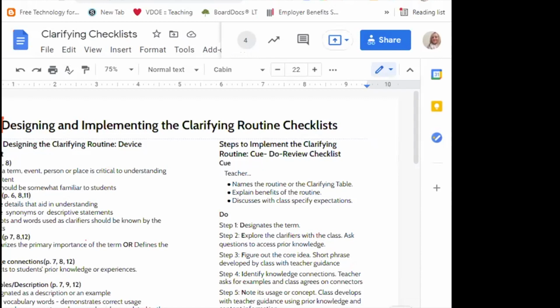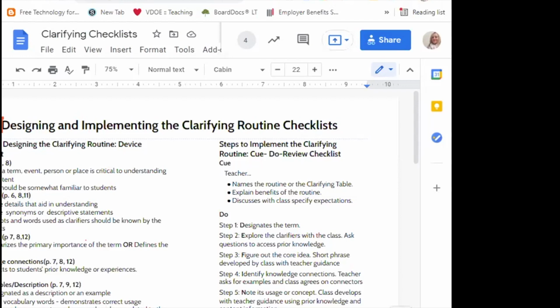So today, class, I'm so glad that you are here. We're going to use the clarifying routine. Remember, the clarifying routine helps us build connections for terms, helps us identify what it is and what it isn't, and also helps us just create a bigger picture of what this term is going to mean. And so I'm going to need you to follow along with me. I'm going to ask for your participation.